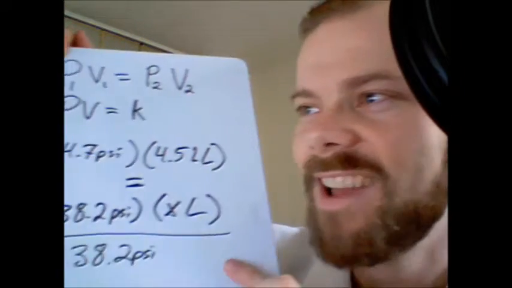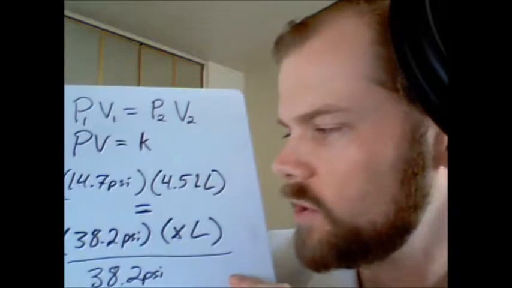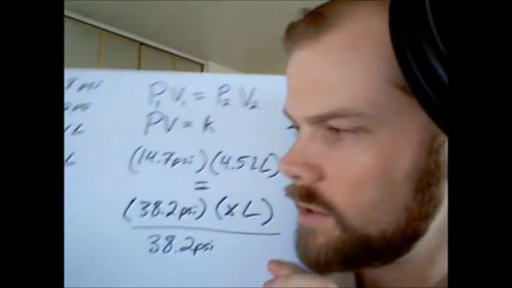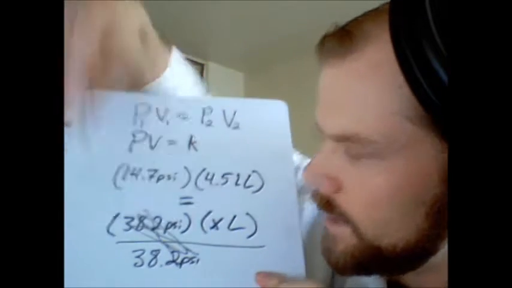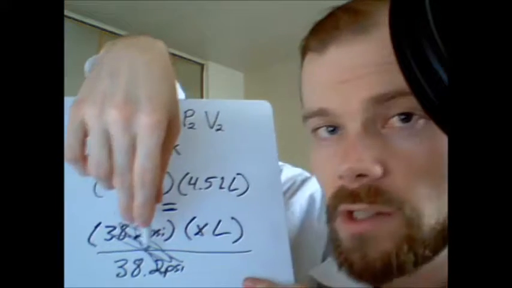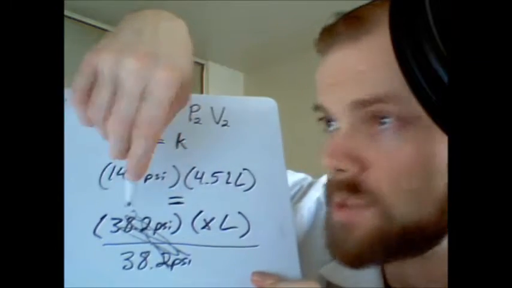Okay, so we're going to divide this by 38.2. Now, when we divide that by 38.2 on this side, it'll just cancel out. Because that's 38.2 psi on the top, that's 38.2 psi on the bottom. They cancel out with each other just fine. They're the opposite. That's why we did that.